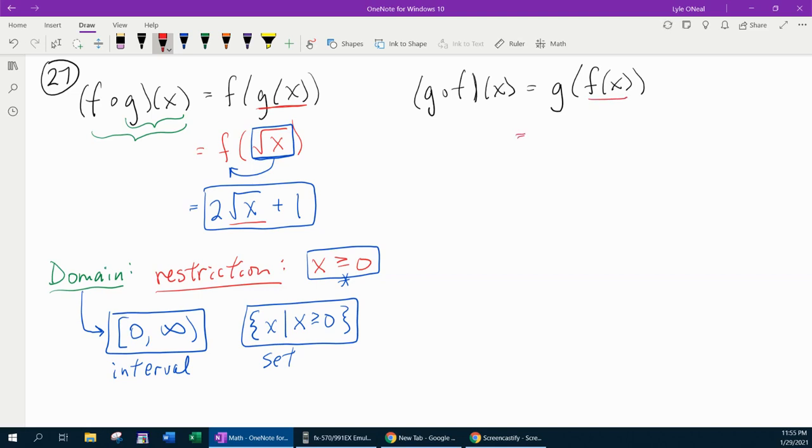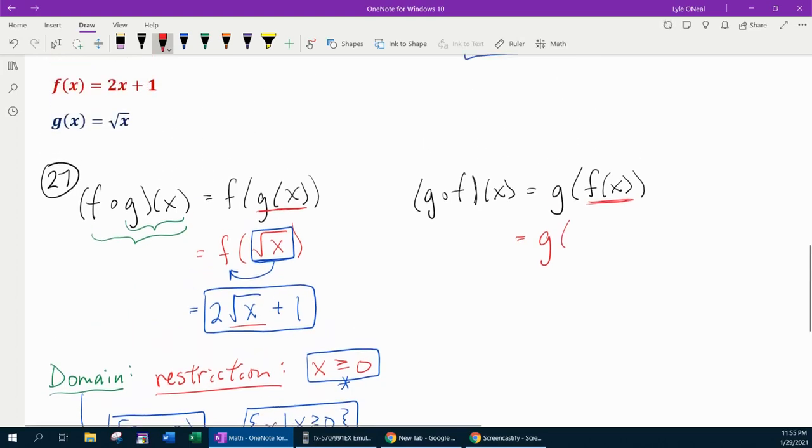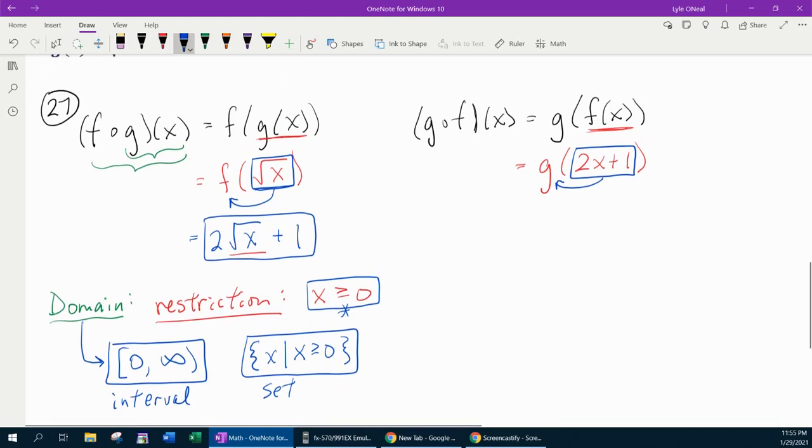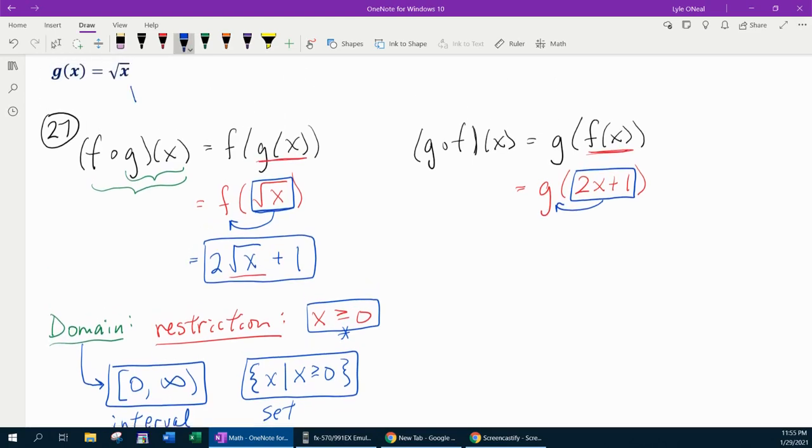And so f of x is the most inside piece. So we're going to replace f of x with 2x plus 1. And then we're going to take this stuff and stuff it into g. Every x in g of x gets replaced with 2x plus 1.